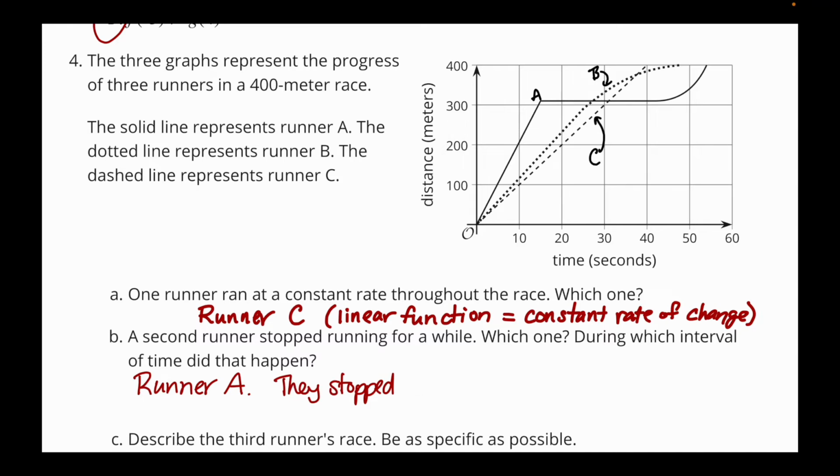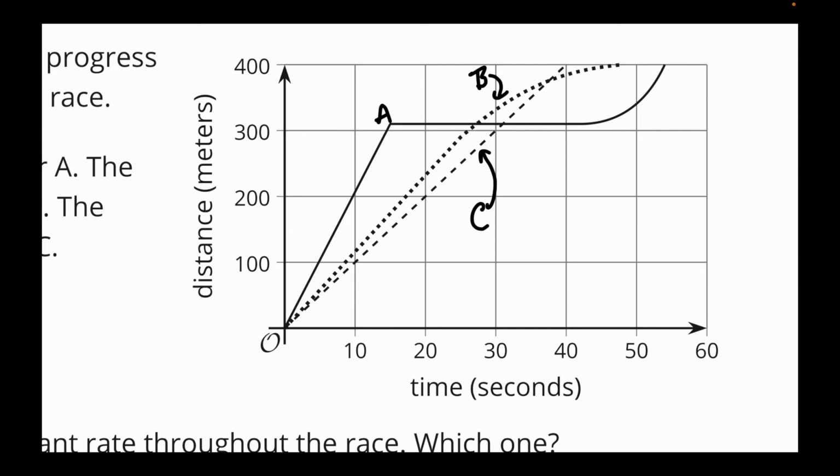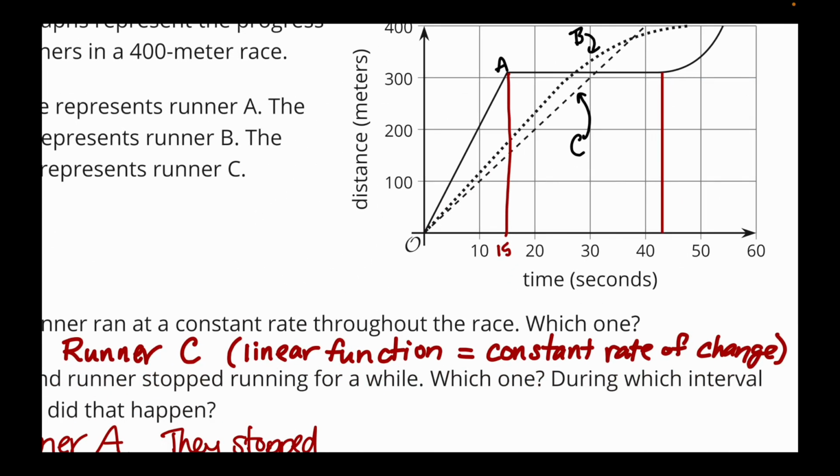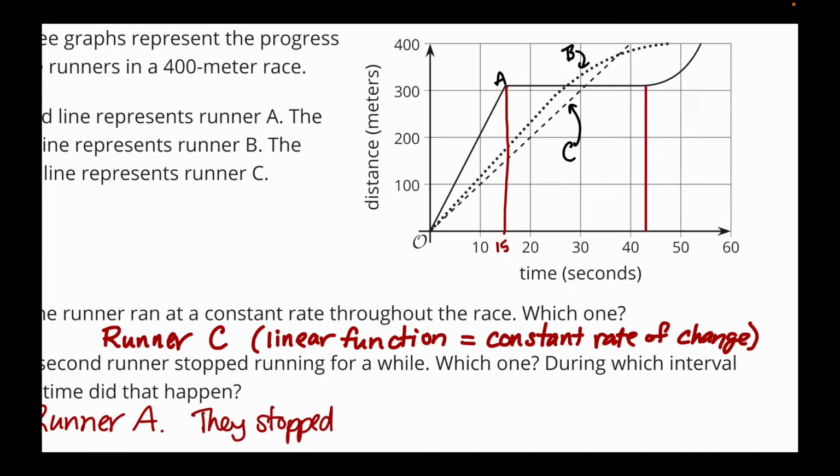So let's look at the graph first for these numbers. This looks like it's about halfway between 10 and 20, so that looks like it's around 15. And then it looks like right about here is where the curve starts. So that's not quite 45. We can call it 43.